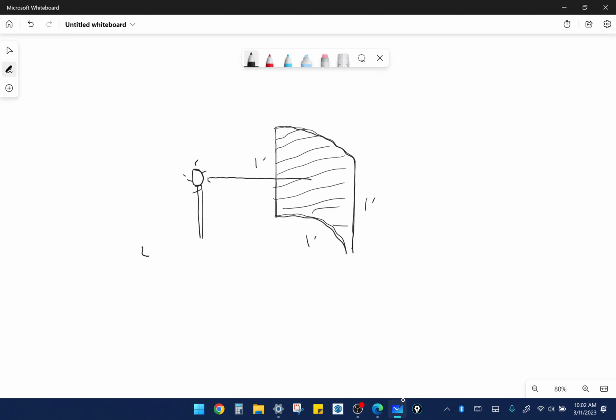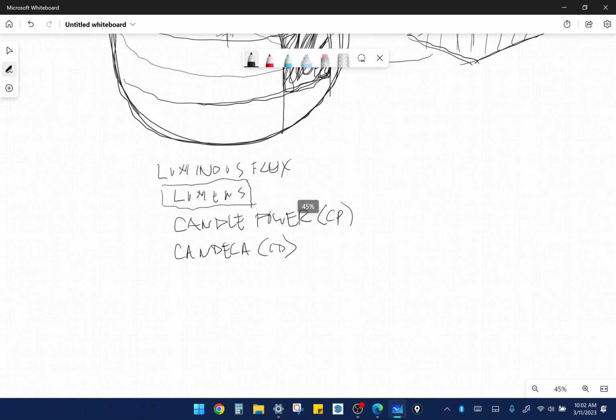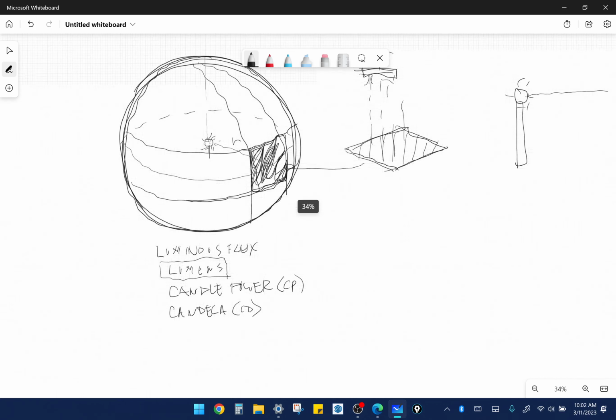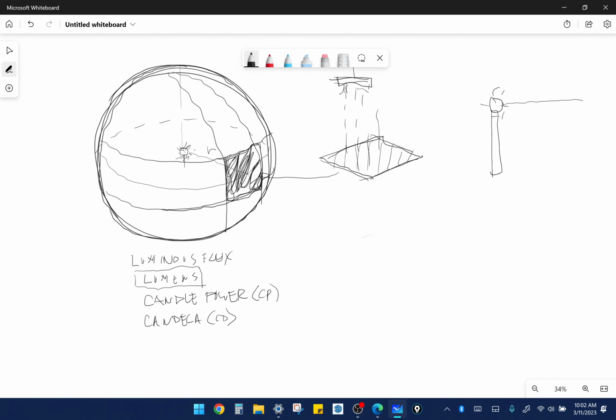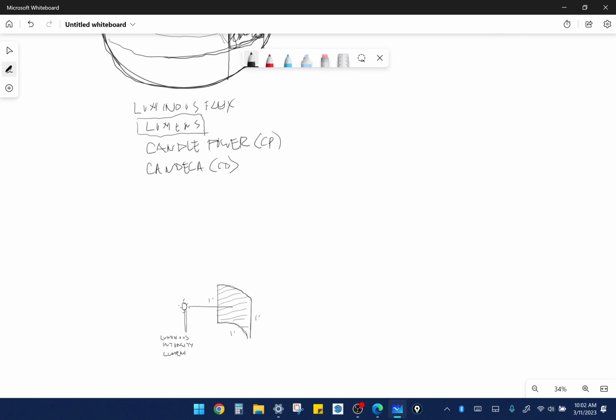This is luminous intensity. Still in lumens, because this light is putting out lumens. It's also putting out lumens in a direction, toward this square foot.